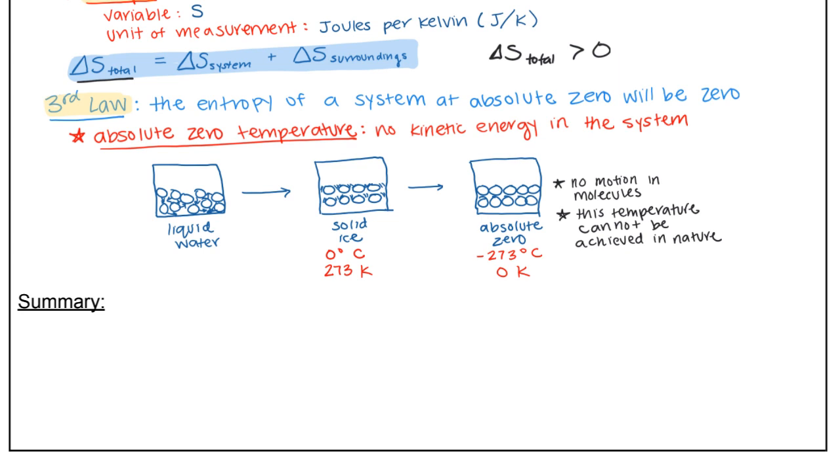Now, if we were to decrease the temperature to 0 degrees Celsius, which is the same as 273 Kelvin, we would reach solid ice. So ice is our solid form of water. And even in ice, I know it doesn't seem like it has a lot of movement.